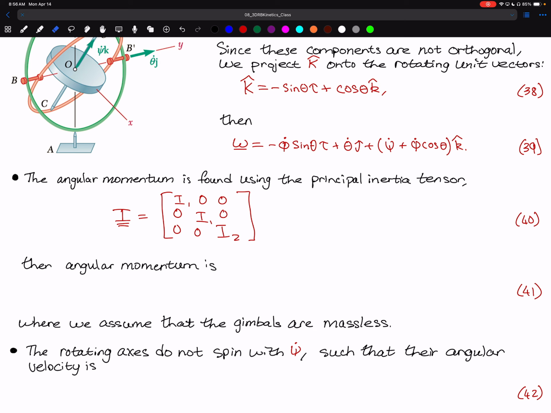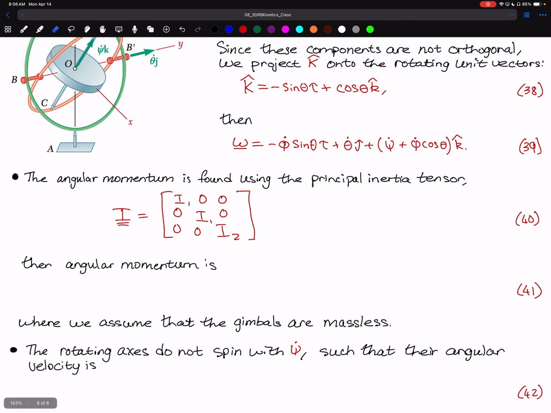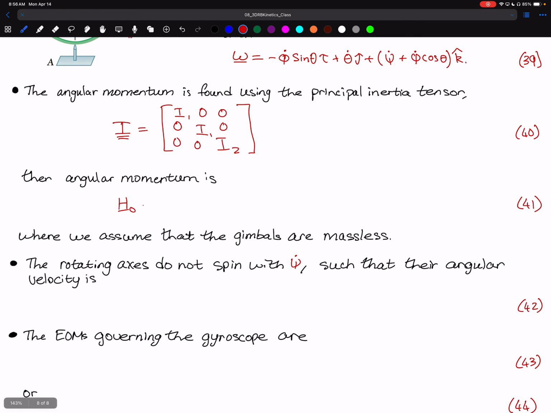And then our angular momentum about point O, which is at the center of mass of this disk, H sub O, is going to be equal to minus I1 phi dot sine theta i plus I1 theta dot in the j hat direction plus I2 times the quantity psi dot plus phi dot cosine theta k hat.